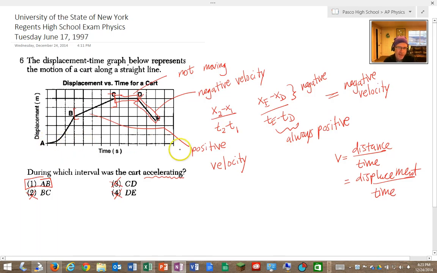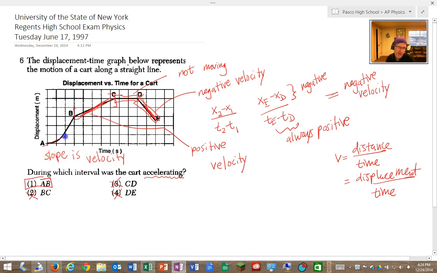And that's because the slope of the curve is the velocity. So we haven't said that yet, but we've seen that here. Slope is velocity. And when we have these regions of constant slope here, B to C and then D to E, we've got no acceleration.